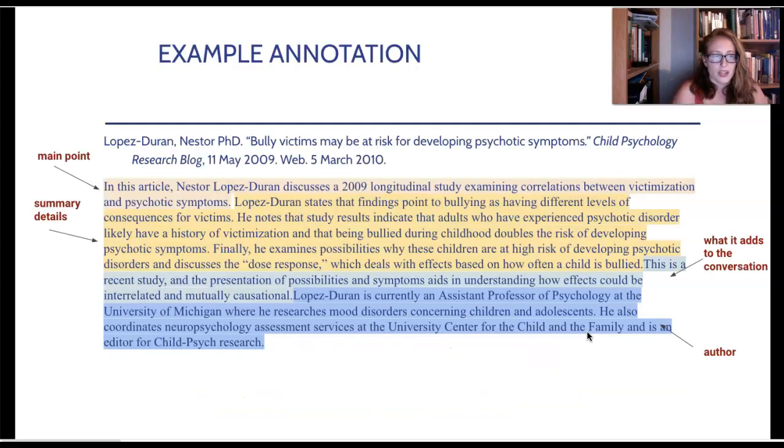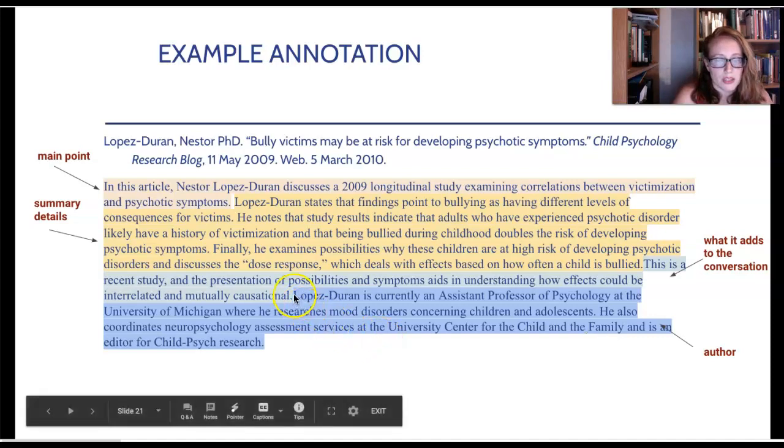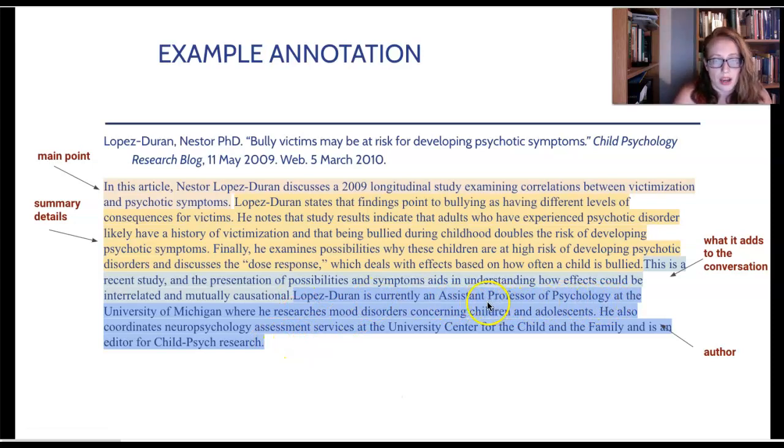So again, here's that example that I already talked about. This one is from a scholar. So we have their profession, assistant professor of psychology at this university, so their rank. You could verify that. What their expertise is in is important.